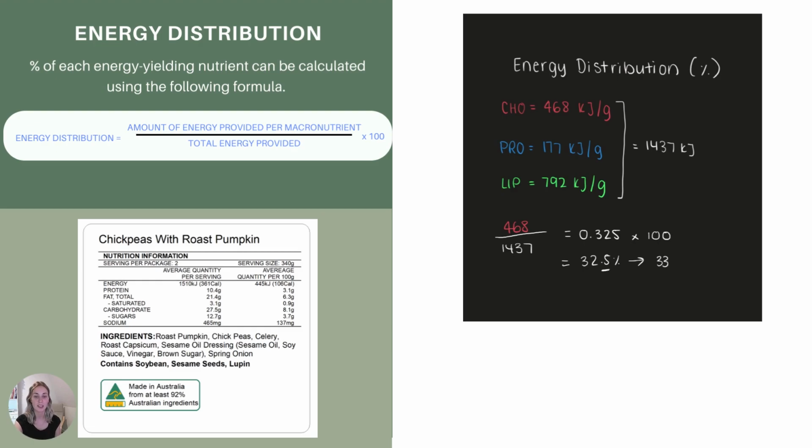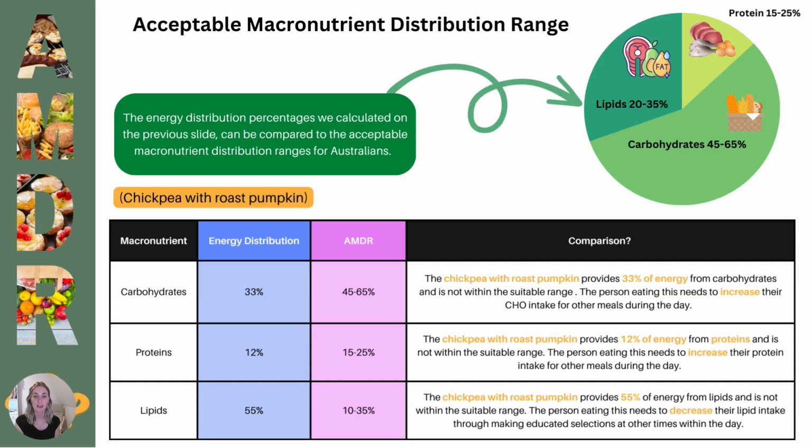Now, we can use these percentages to compare it to the acceptable macronutrient distribution range for Australians, okay? So that is also known as the AMDR. So in this table here, I have each different macronutrient along with the percentage of energy derived from that 1 serving of chickpeas with roast pumpkin. I'm then going to compare it to the AMDR.